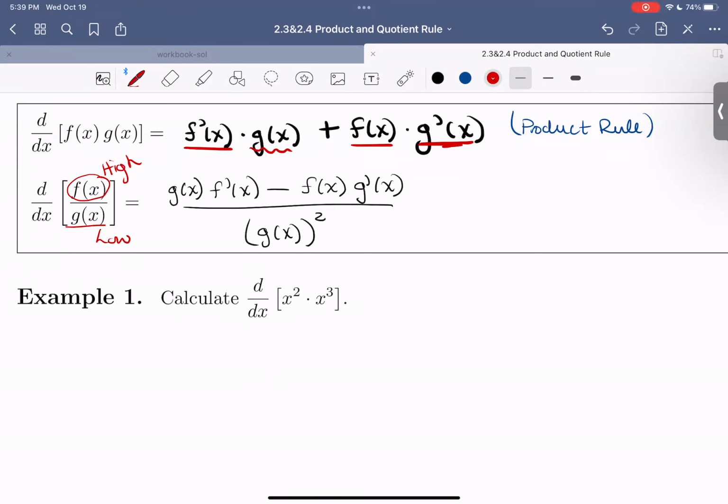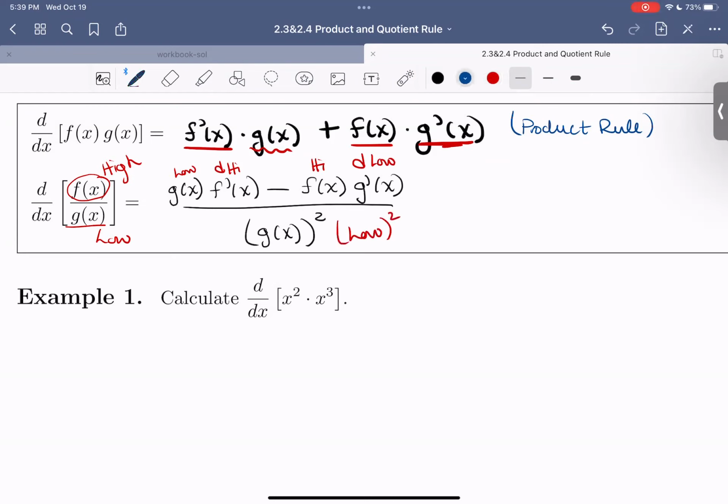So if I were to write out this formula, this function here would be low. This would be the derivative of the high function, minus the high function times the derivative of the low function, all over the low function squared.